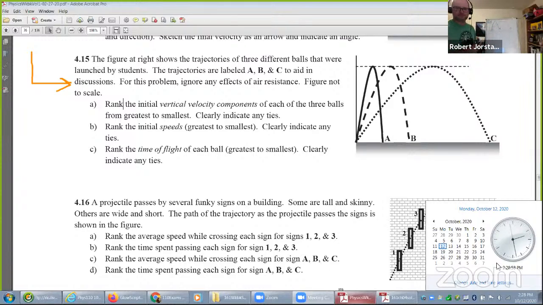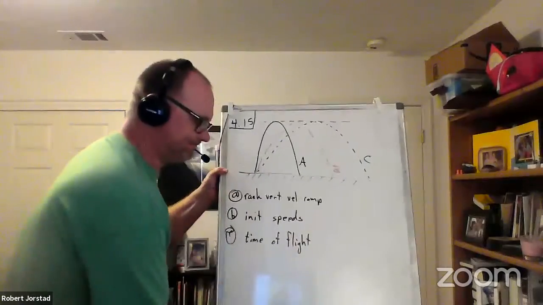Okay. So we're supposed to rank the vertical velocity component, initial speeds, and probably time of flight. Okay. So I got this drawn up here.